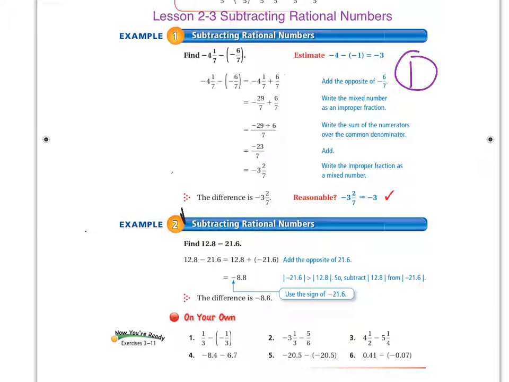Step 2. Step 2 is right here. That's step 2. Step 2 is you're going to want to write that improper fraction, or that mixed number, into a not so improper fraction if you have a mixed number.